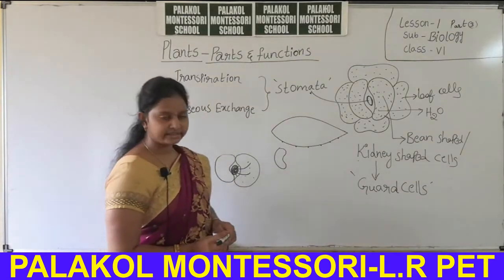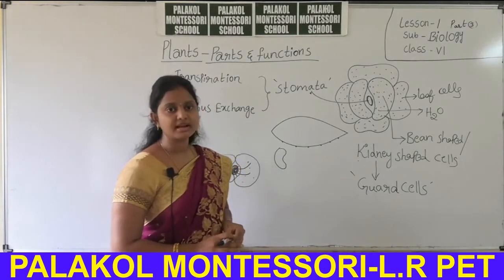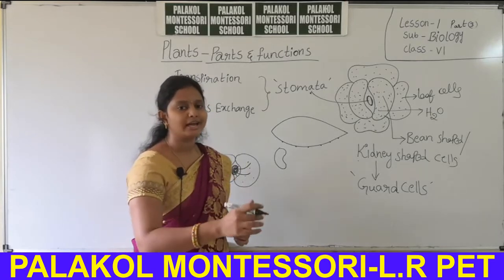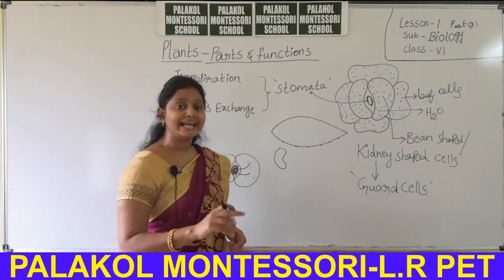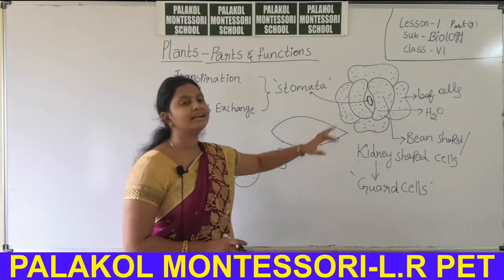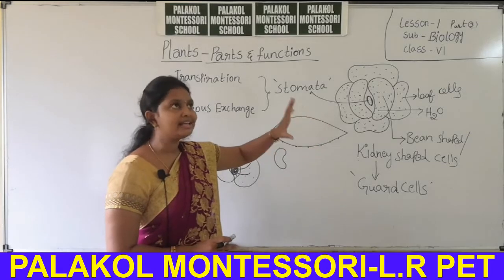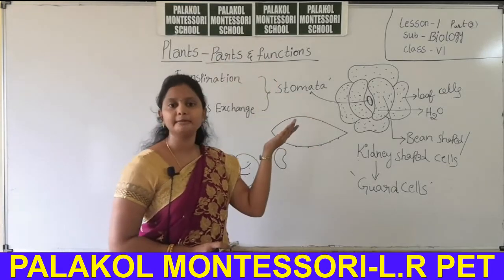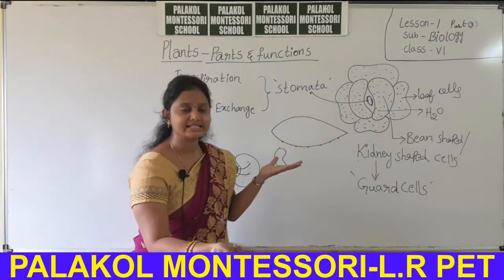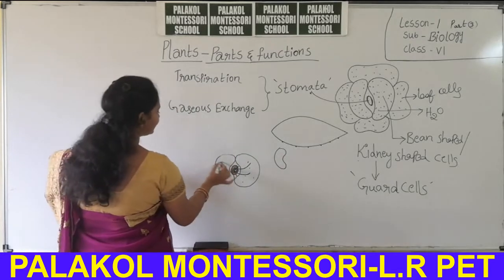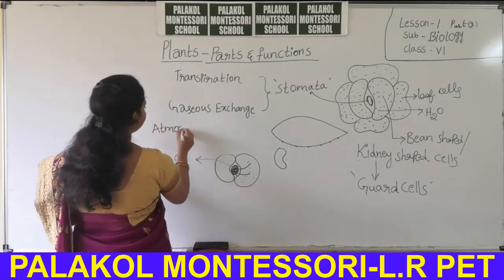Then gaseous exchange. I said that the plant body takes CO2 for photosynthesis and releases oxygen into the atmosphere. Taking of CO2 and release of O2 takes place at the same region, the region of stomata. The plant body takes CO2 present in the atmosphere, and releases oxygen. This is the atmosphere or environment.